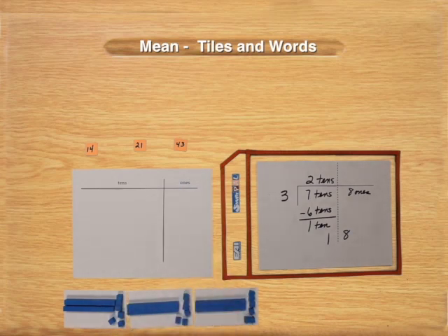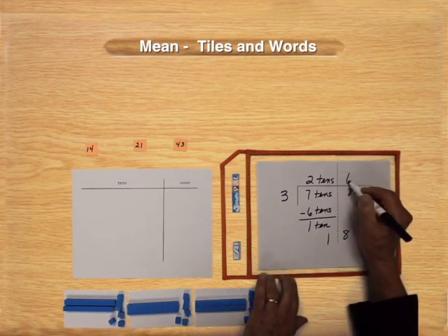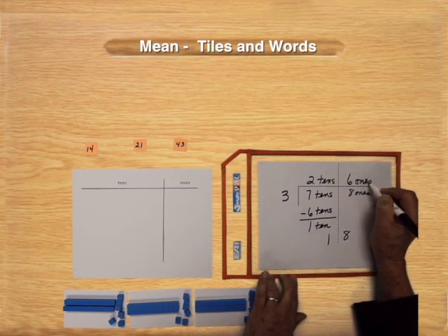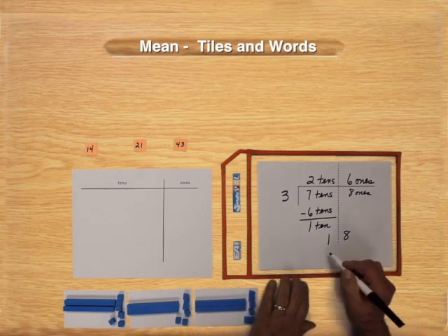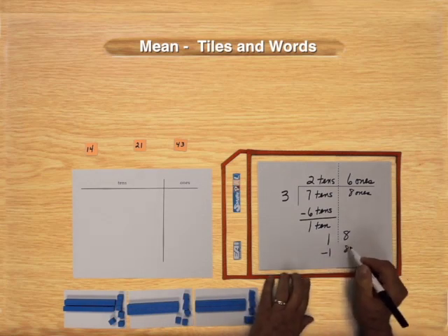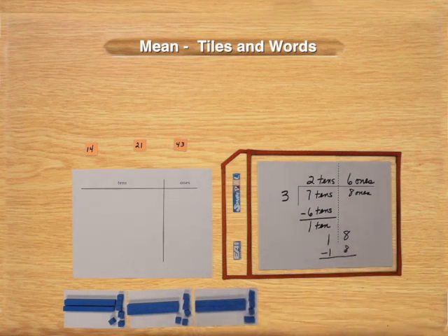So it turns out that each card, or each box, has 1, 2, 3, 4, 5, 6 ones. So each gets 6 ones. And in doing that, we used up 18 ones, which leaves us with no ones remaining.